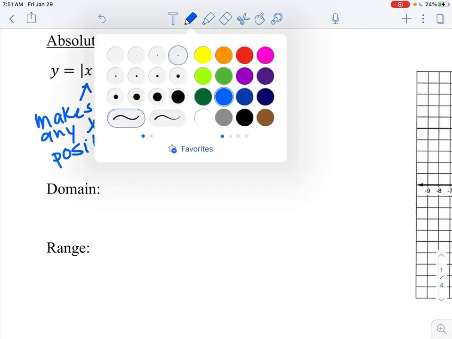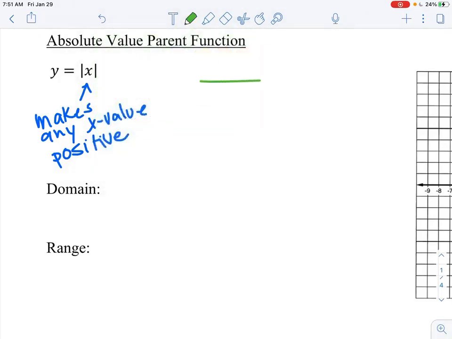Okay, so we're going to do a table to get our points. If I plug in -2, -1, 0, 1, 2, I would get out all of those positives. So this becomes a positive, this becomes a positive. This is already positive.